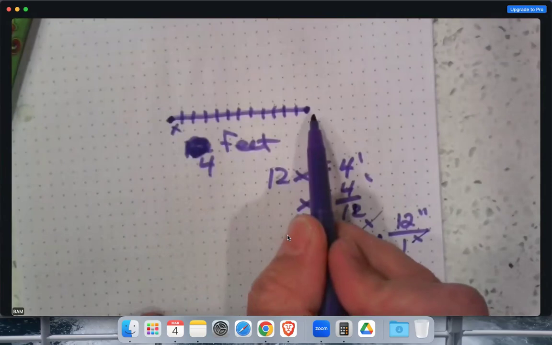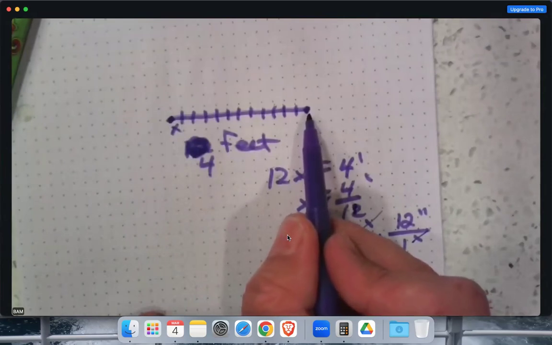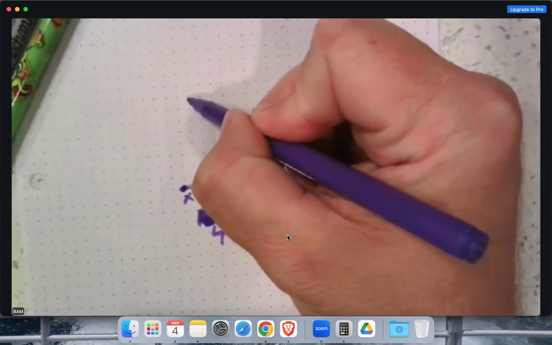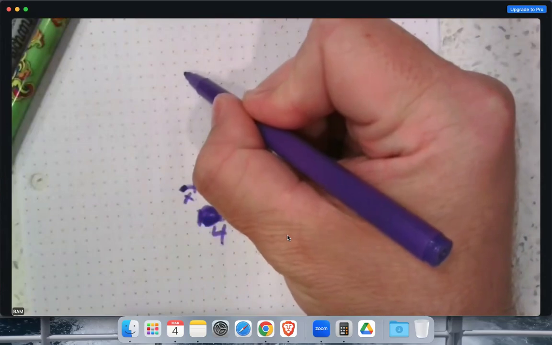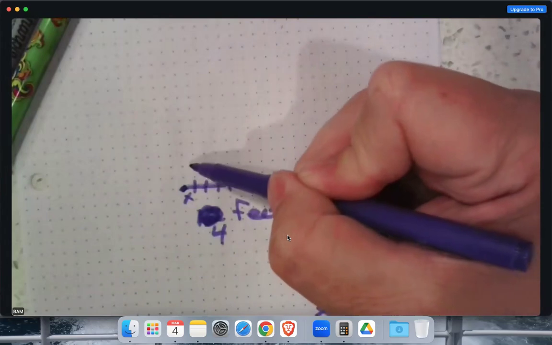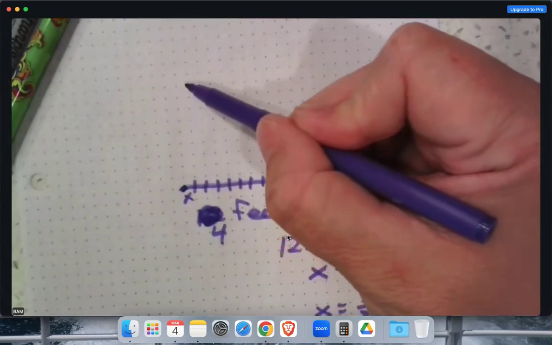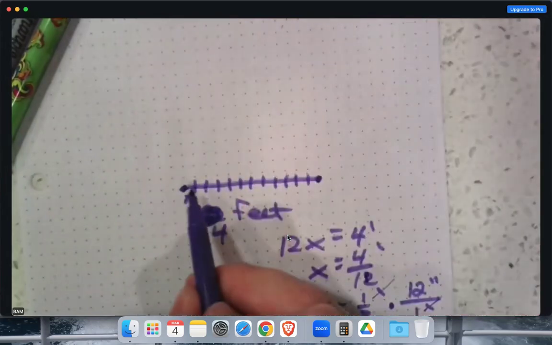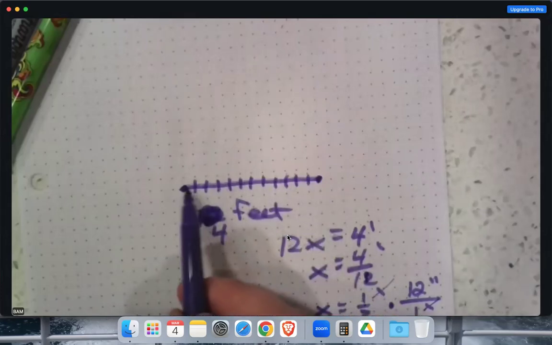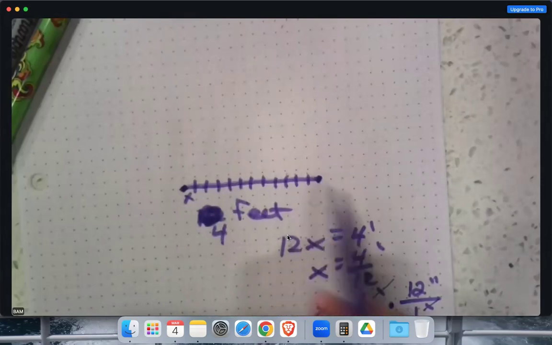We've got 4 feet wide. And then each of these goes up by 4. So 10 of them. So this is 48 inches, which is 4 feet.